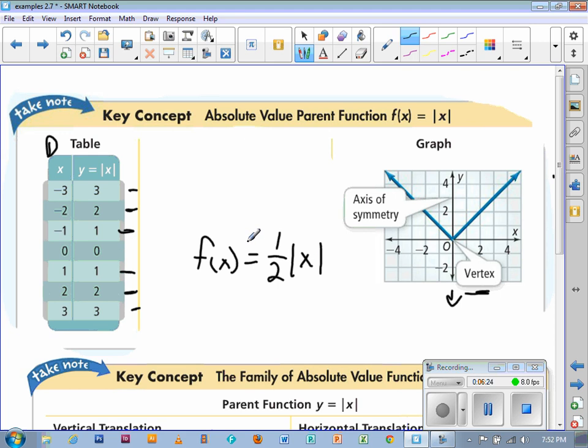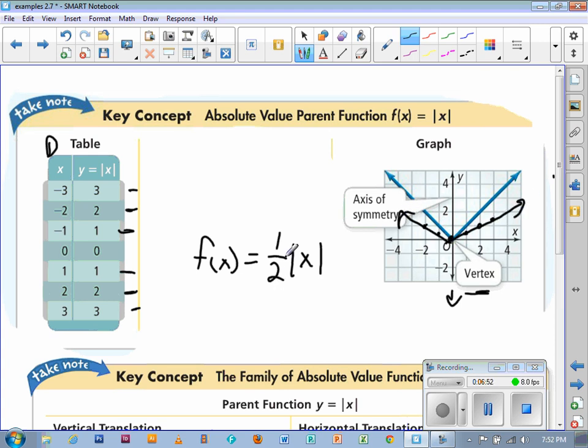It's going to take half of all the outputs that you have here. So half of 0 is still 0, but half of 1 is 1/2. Half of 2 is going to be 1. Half of 3 is 1.5. So you can see how it flattens it out. And then, of course, it's going to reflect over here, and you're going to end up with this compressed V.